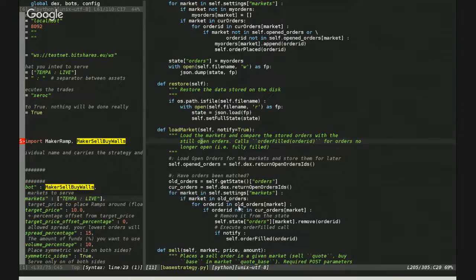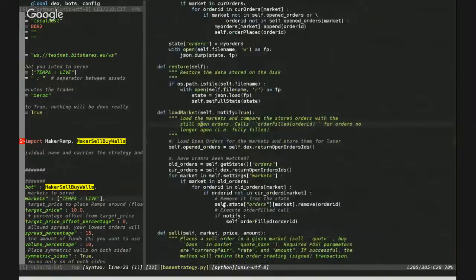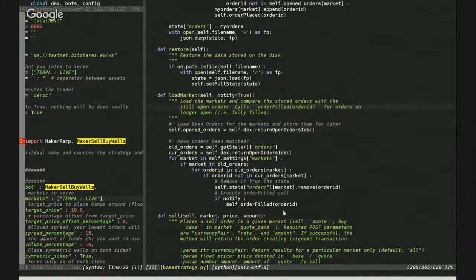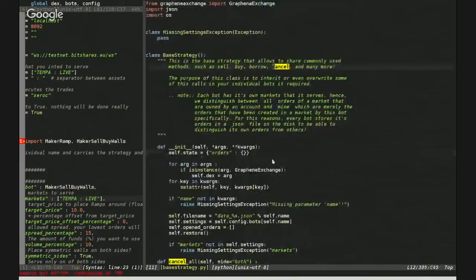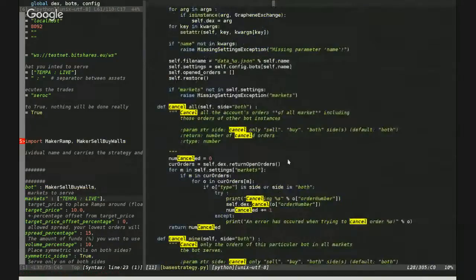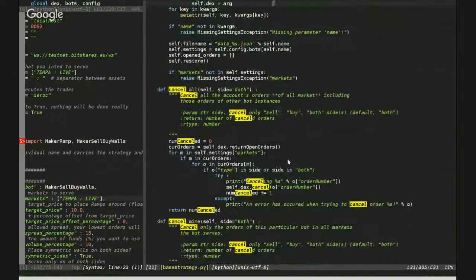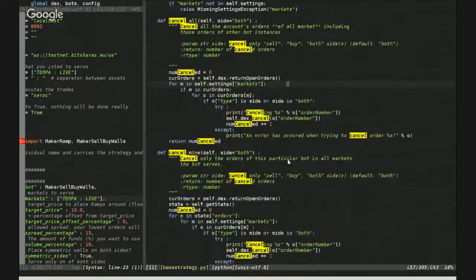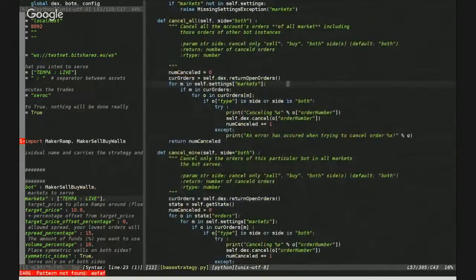And it tells me here that reach market, not all orders. Well, yes, I think it really calls order filled also when it is cancelled. That shouldn't be the case. I think I need to fix this.